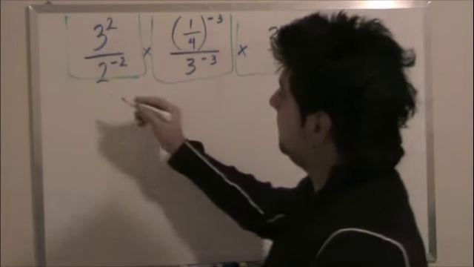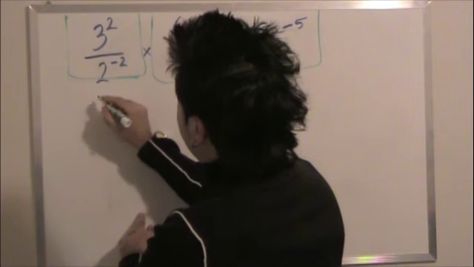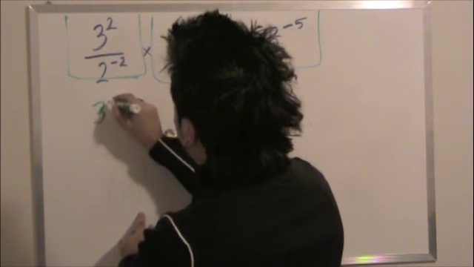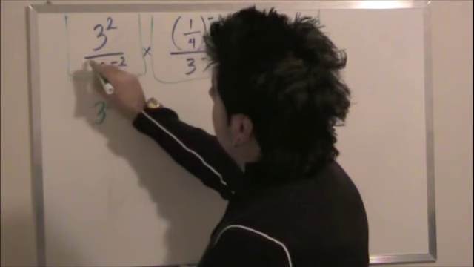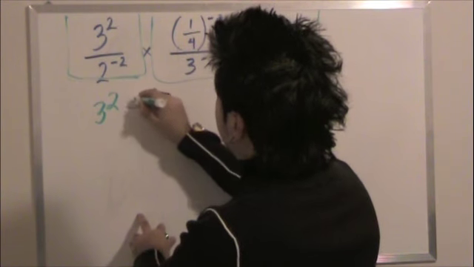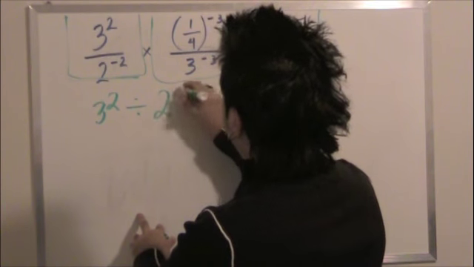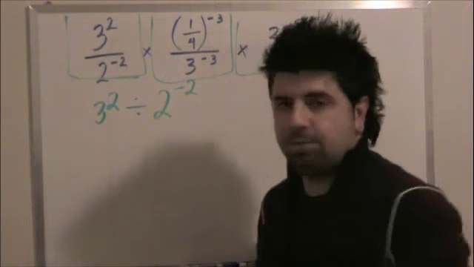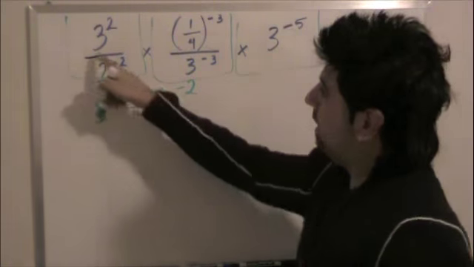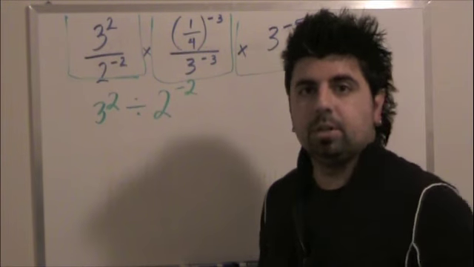So what it implies is 3 to the power of 2 divided by 2 to the power of negative 2. That's what this first part of the question deals with.